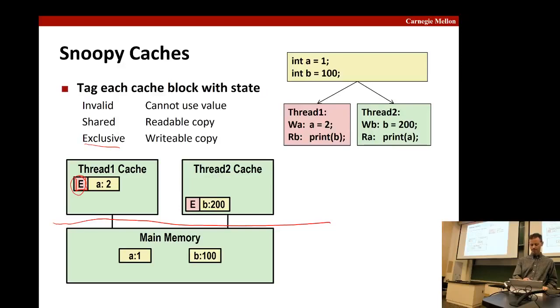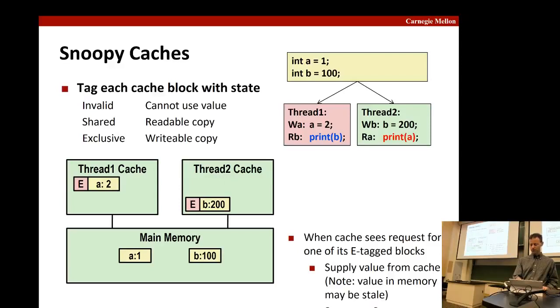So the first thing that happens when thread 1 tries to do this write is that it grabs the cache line in exclusive mode, and then it does the write. And similarly, thread 2 grabs the cache line that contains B in exclusive mode, and it does the write.